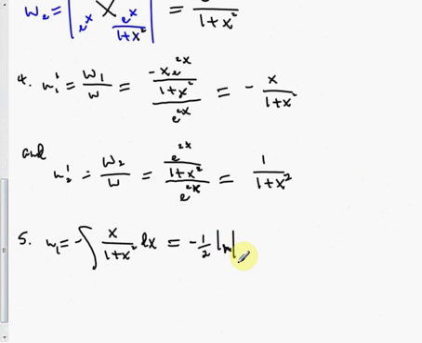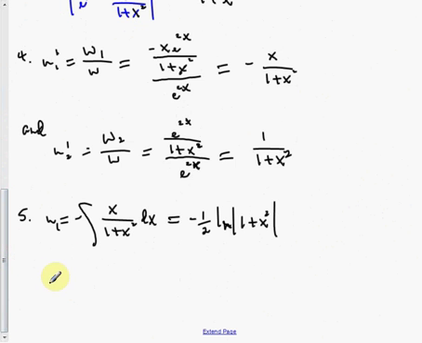You come here, you got to know your calculus, because it'll show up whether you know it or not. u sub 2 is the integral of 1 over 1 plus x squared dx. That's tan inverse of x.